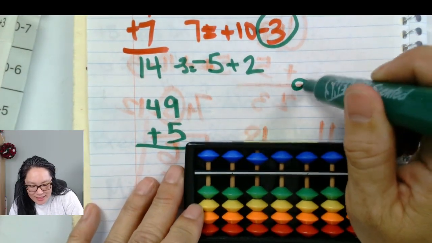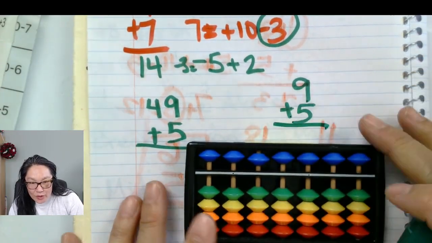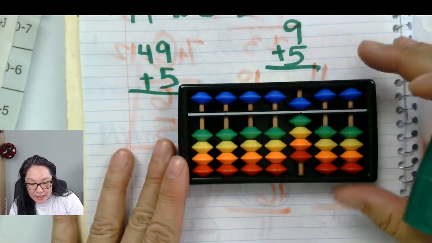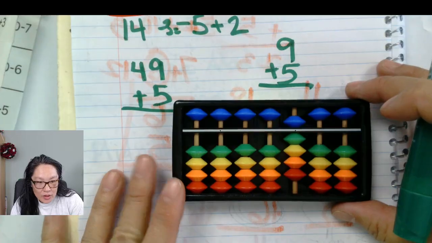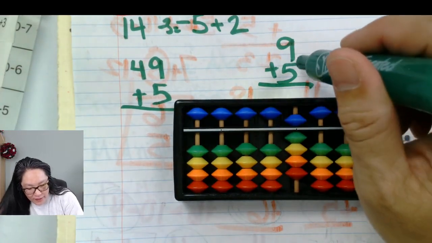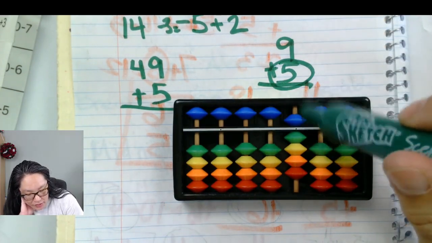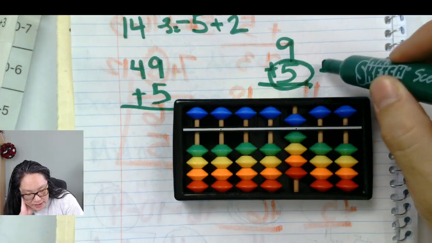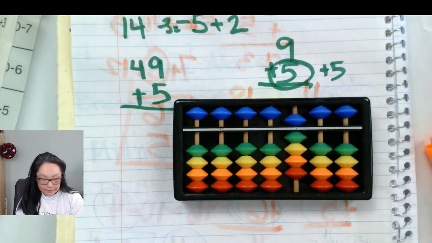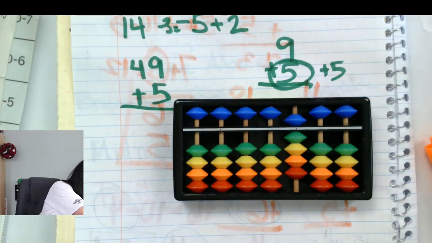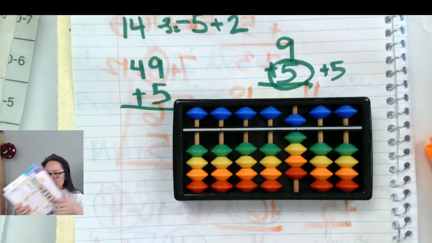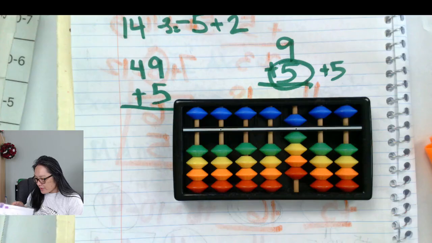So the question is 9 plus 5. When we look, the question is 9. When we add the 9, what are we trying to do? We're trying to plus the 5. We do not have any beads to plus the 5. Sorry, I'm looking for my papers.